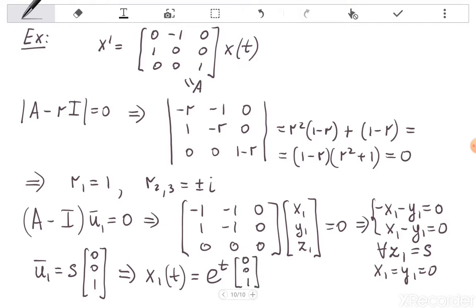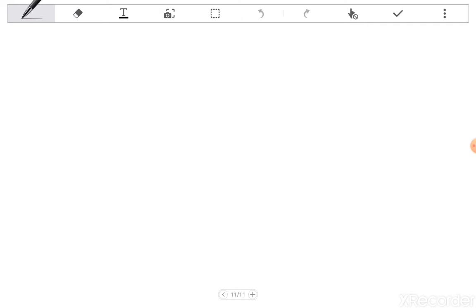Let's now find the other two solutions corresponding to r2 and r3. And the first thing that we do, we'll find again the eigenvector. Now the eigenvalue is just i. Applied to the vector, let's say u2, will be 0.